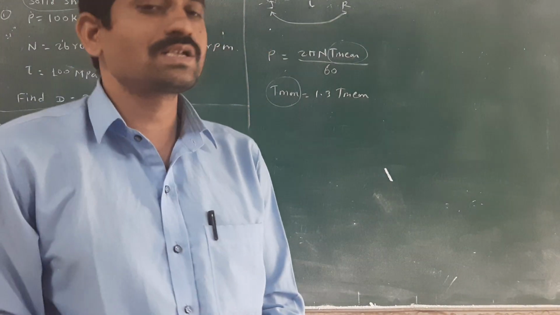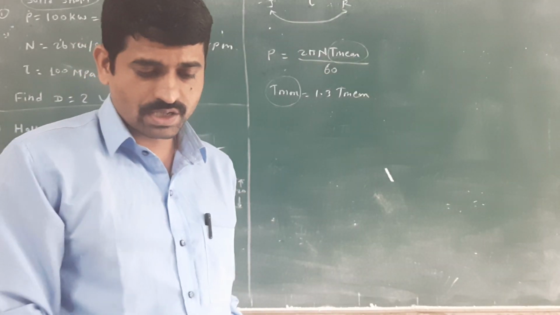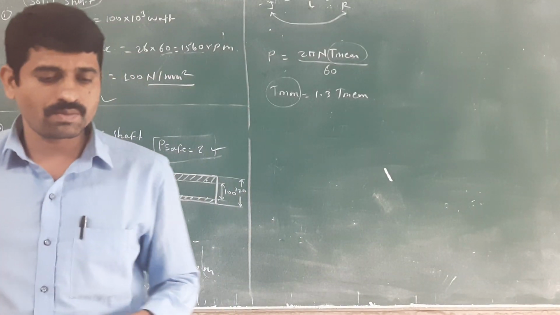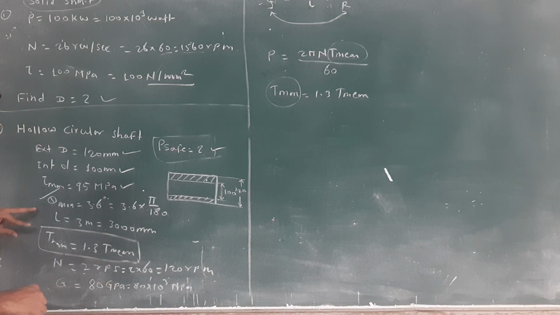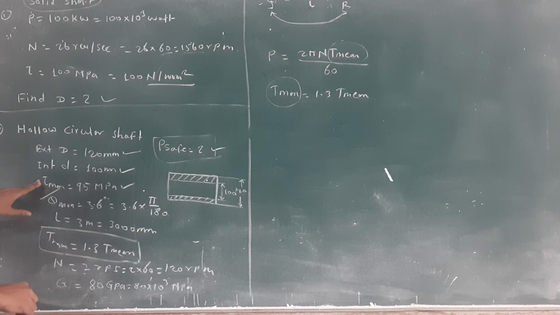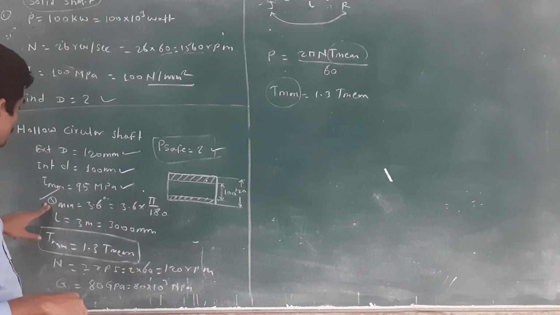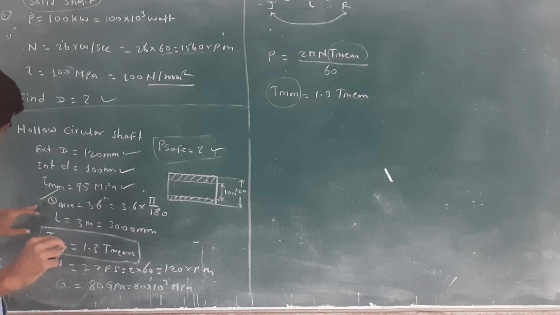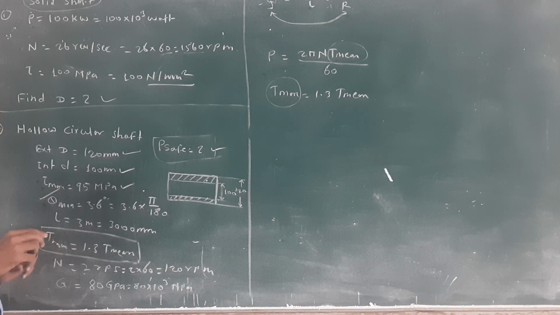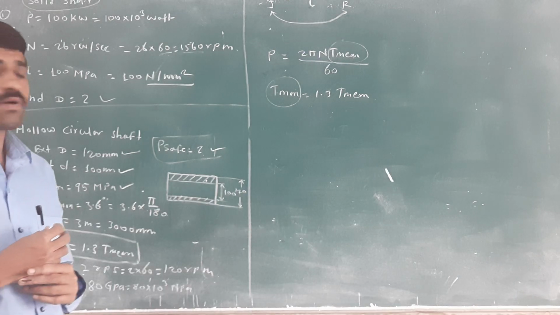Check those two conditions to find out the maximum torque: torque based on the maximum shear stress and torque based on the maximum angle of twist. We want to find both torques and take the least value of the torque.